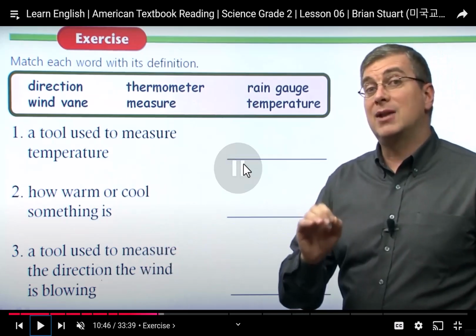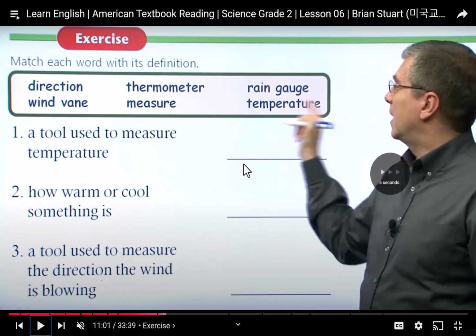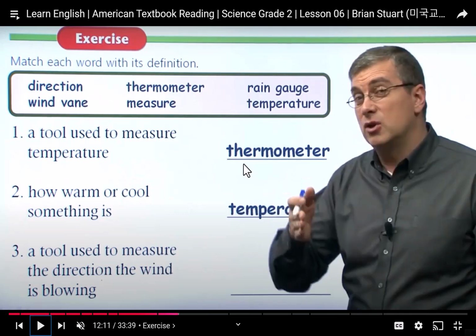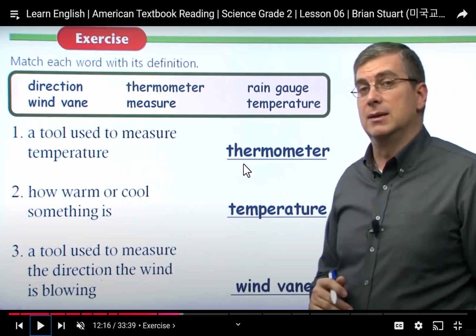Now, exercise. Match your word with definition. So we have the words: directions, thermometer, raincoat, wind vane, measure, and temperature. 1. A tool used to measure temperature. Thermometer. 2. How warm or cool something is. 3.